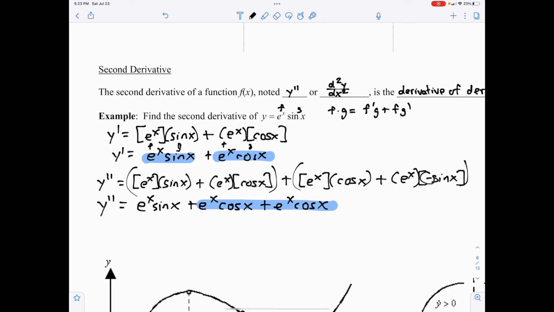And then minus, because you got the minus right there, minus e to the x sine of x. Well, e to the x sine of x minus e to the x sine of x means those two cancel, and so your second derivative would be 2 e to the x cosine of x.